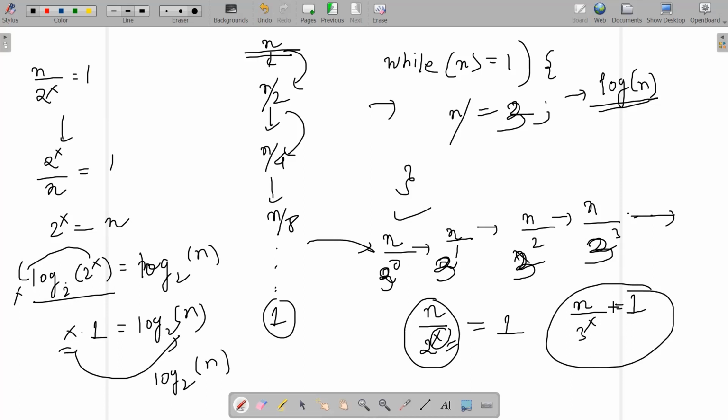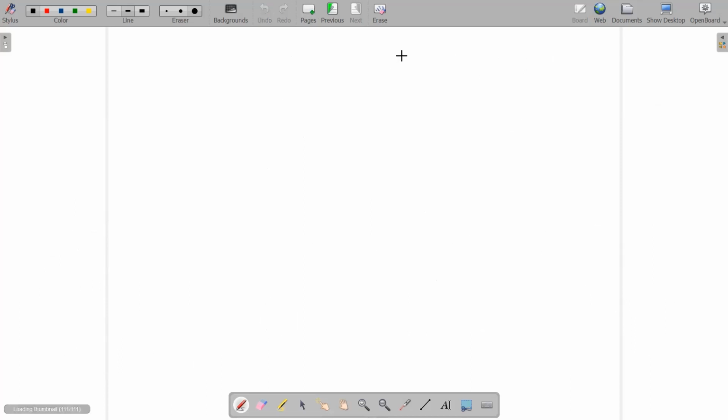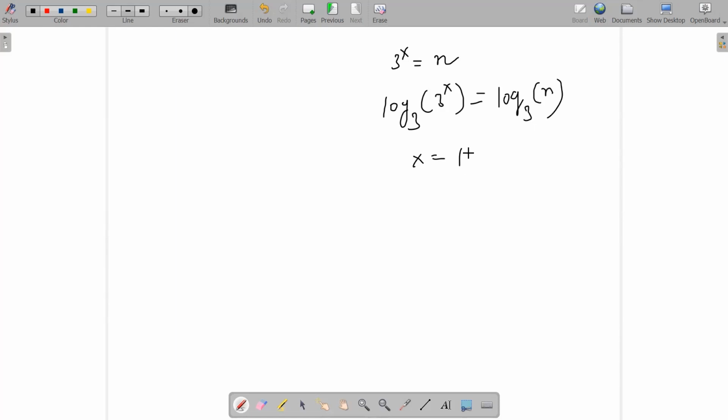I can say 3 to the power x equals n at the end. So I have to apply log base 3 on both sides. Now the base will be changing. So x will be roughly equal to log 3 n for us. So your complexity's base will be changing, but roughly it's still log n.